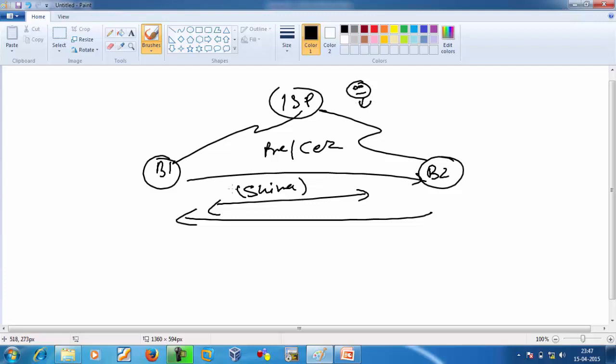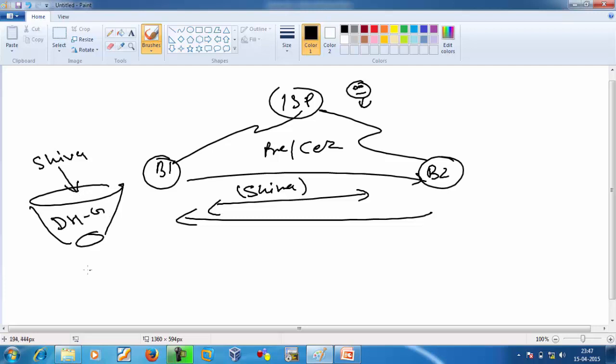So what do we do here? We use a protocol. The key will be protected using the DH protocol or DH group. The key is offered to the DH group, and the DH group will encrypt it. Then this encrypted format, instead of plain text information, will go to branch 2.